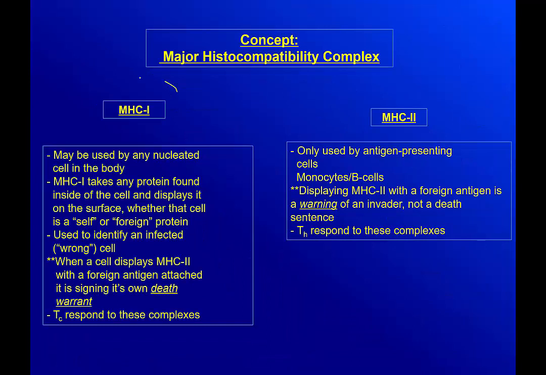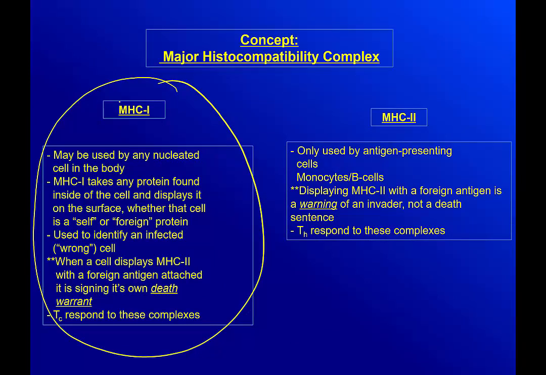So again, MHC1 can be used by any nucleated cell in the body. It takes any protein found inside that cell and displays it on the surface, whether it is a self-protein or a foreign protein. It doesn't matter. If it displays something foreign, it identifies the cell as being infected. It is wrong. That shouldn't be there. When it does display MHC1 and a foreign antigen, it's a death sentence.